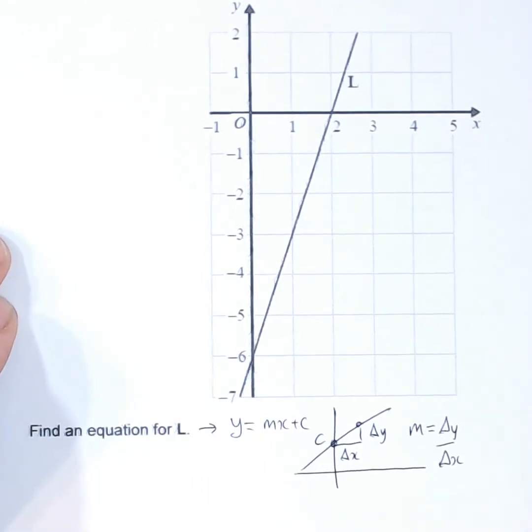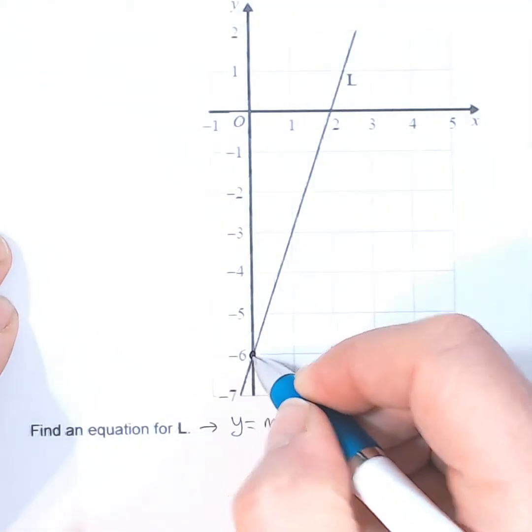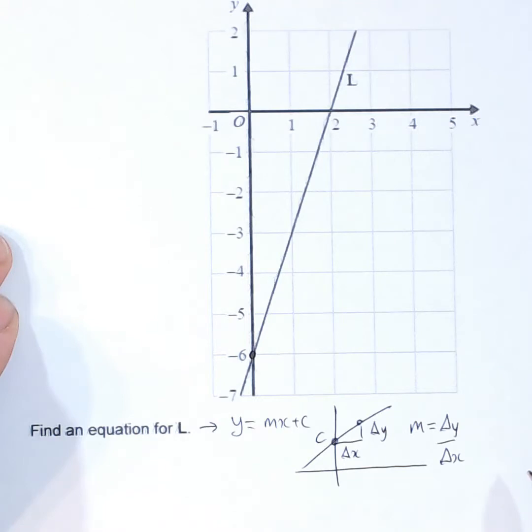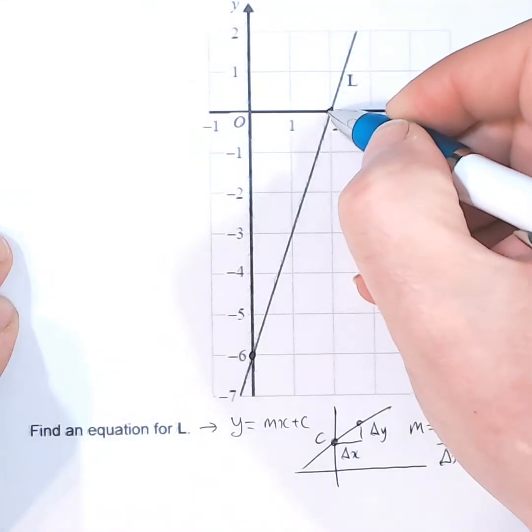Now on this particular question they've given us a nice coordinate there because we've been told that the graph crosses the y-axis when x is 0 at -6, and we've been told that the graph crosses here.